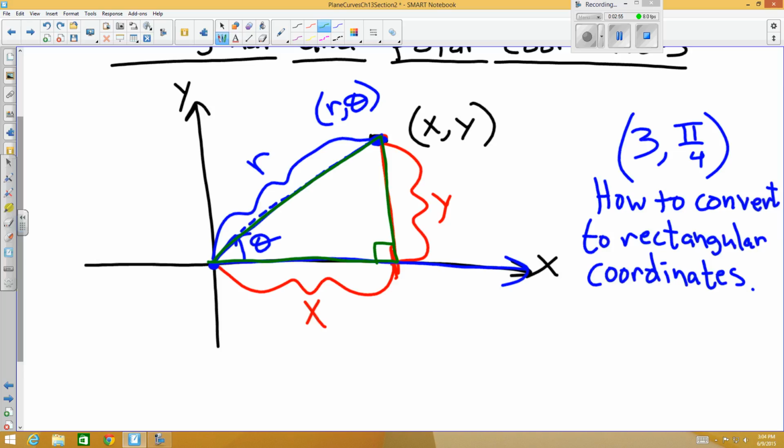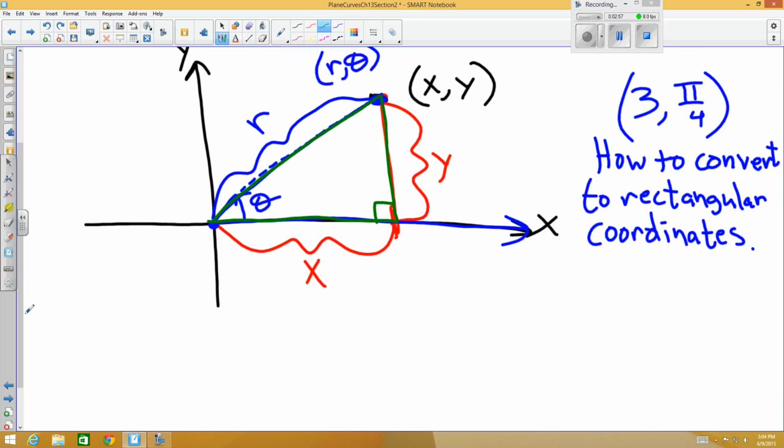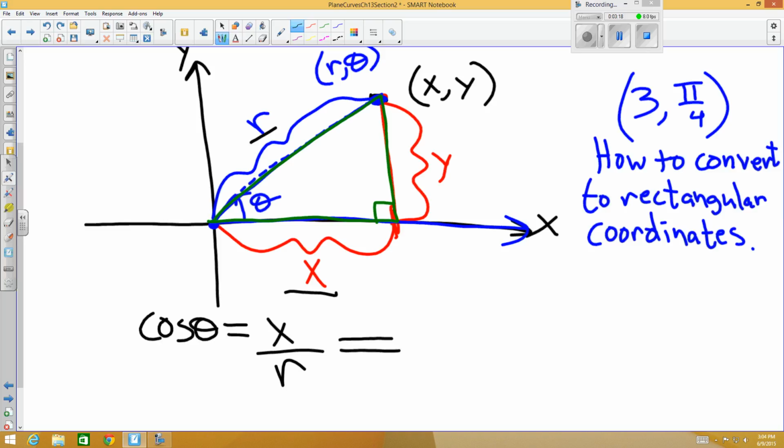For instance, we could say the cosine of theta equals, in terms of a triangle, the adjacent, which in this case is x, divided by the hypotenuse, which in this case is r. So cosine of theta is equal to x divided by r. If you multiply both sides of the equation by r, you get that x is equal to r cosine of theta.